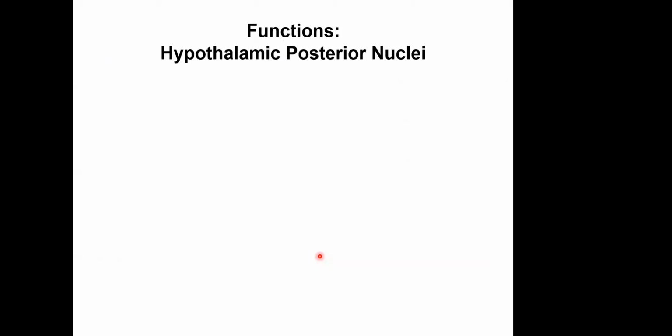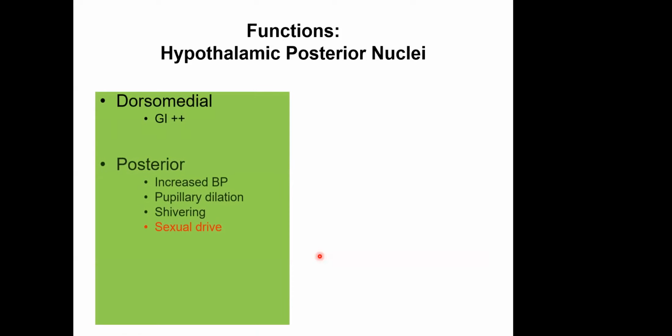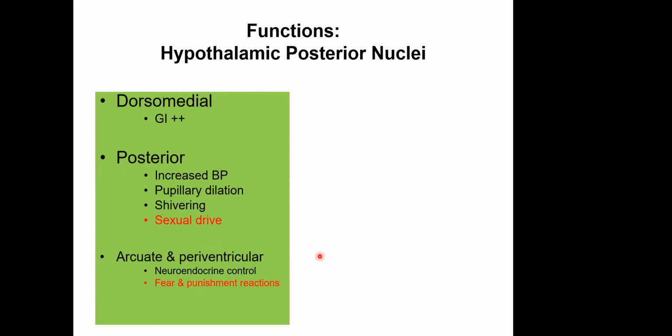Then we look at the posterior one. Here you see these, and if you remember, we talked about the arcuate and periventricular nucleus. There is some neuroendocrine action here, which is vegetative, and fear and punishment reactions, which is behavioral.